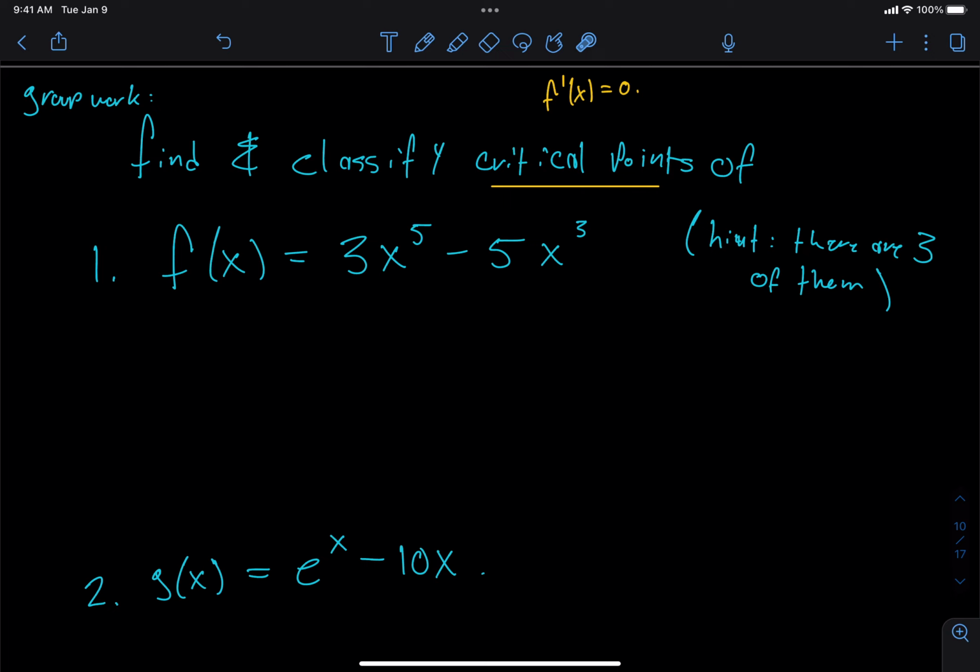And now we have our three zeros, right? We have -1, 0, and 1. So here we have our critical points, and now we still have to do the second part, which is classification. For classification, we have to do the first derivative test, which means the derivative is 0 at this point, but we want to know what we're doing just before and just after.